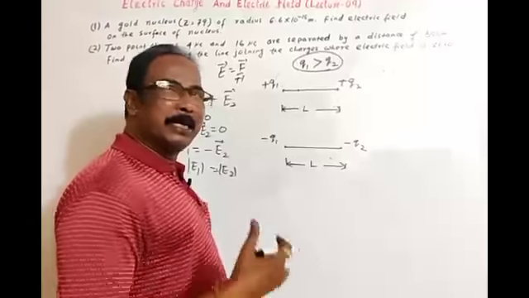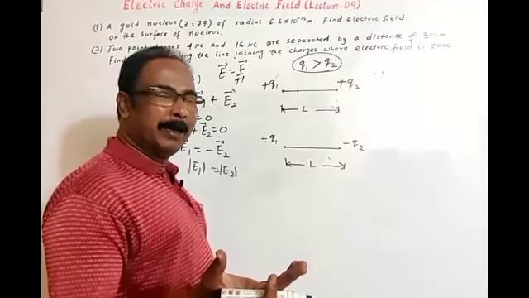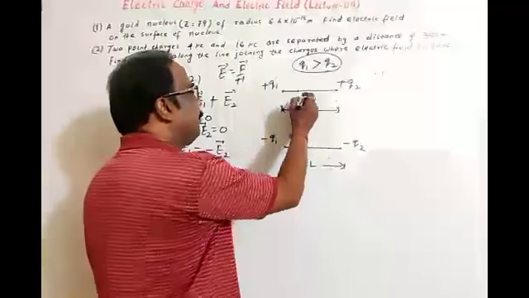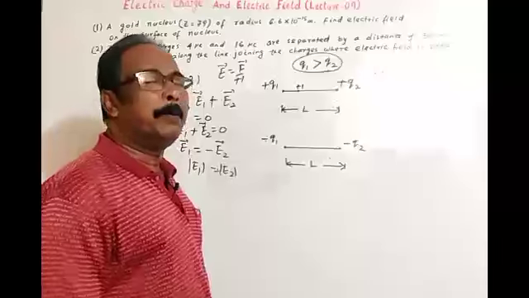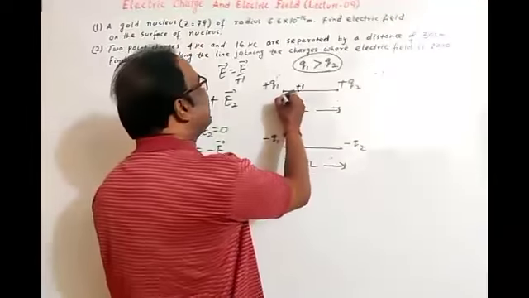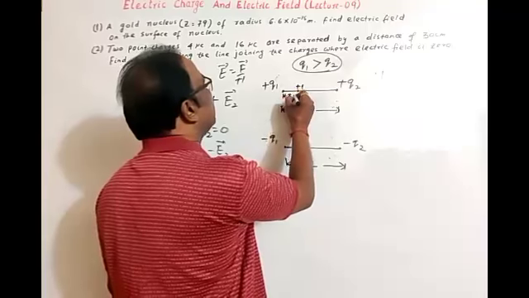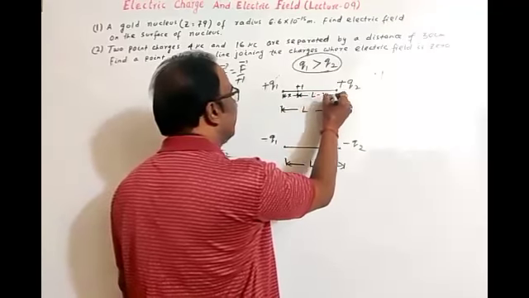The force experienced by a unit positive charge is equal to the electric field intensity. Let this distance from +q1 be x and the remaining distance from +q2 be L minus x.